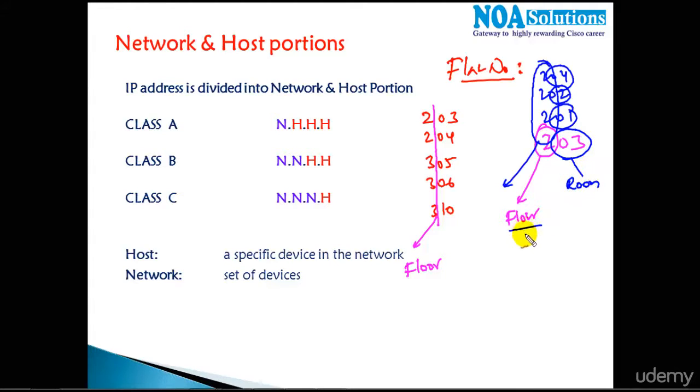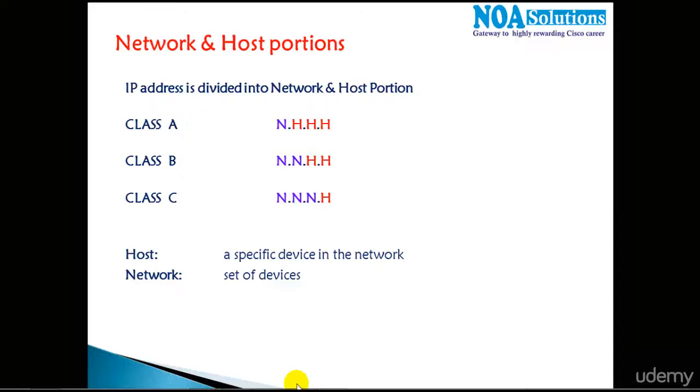Now there is a slight relation here. In the case of network and host, a single device is more similar to a room, which is the host, whereas the floor part is more similar to your network. The addressing is more similar, not exact. Let's try to understand how it works in IP addressing.